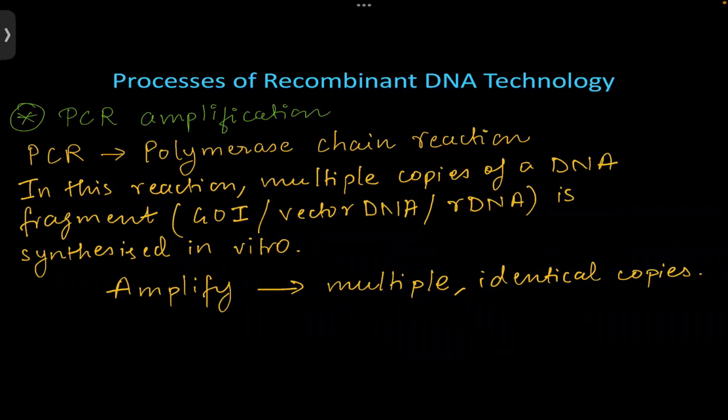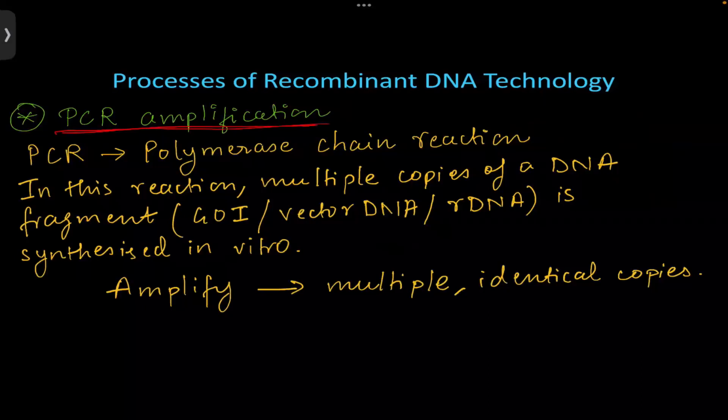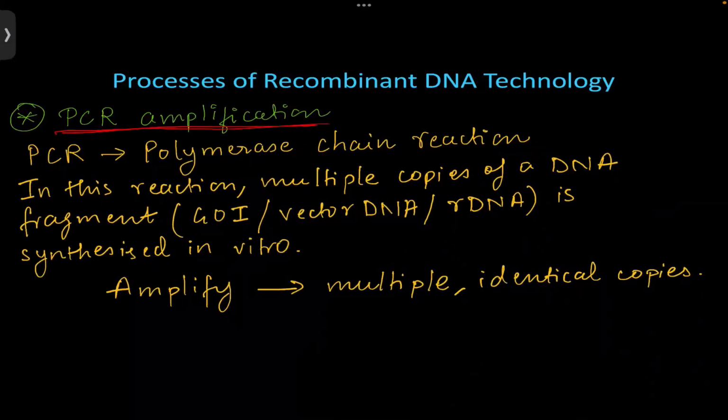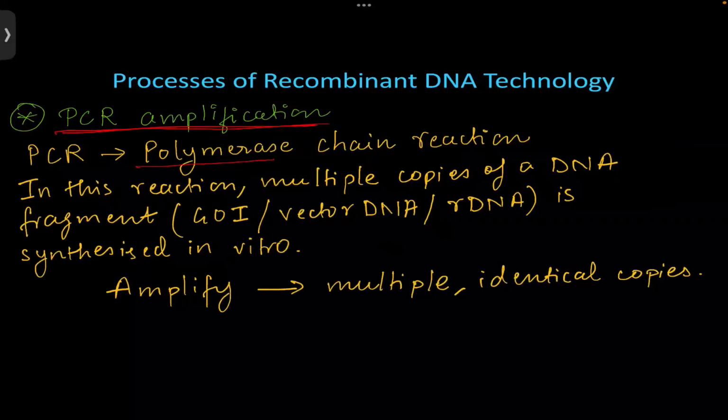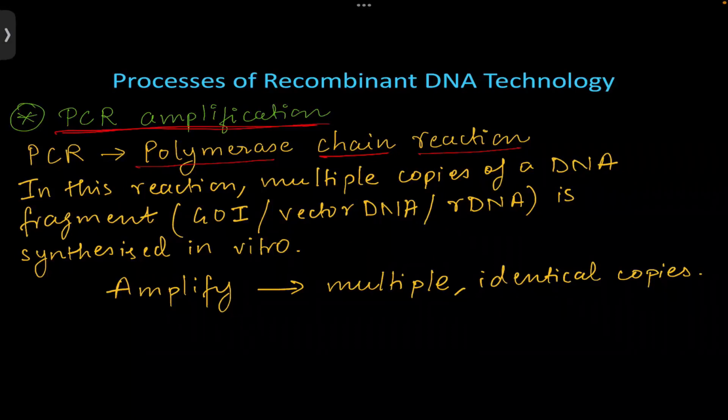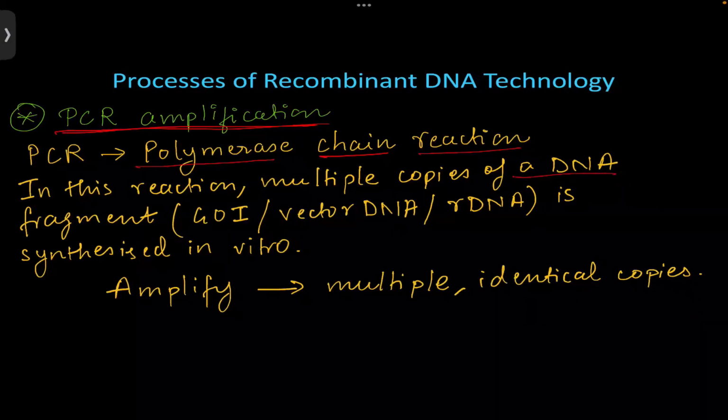Now let's talk about an optional step, that is a PCR amplification step. Now what does PCR stand for? PCR stands for polymerase chain reaction. This is a reaction which helps in making multiple copies of a DNA molecule or a DNA fragment. Now this DNA fragment can be anything.